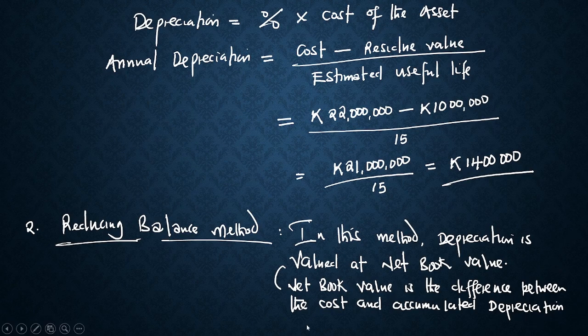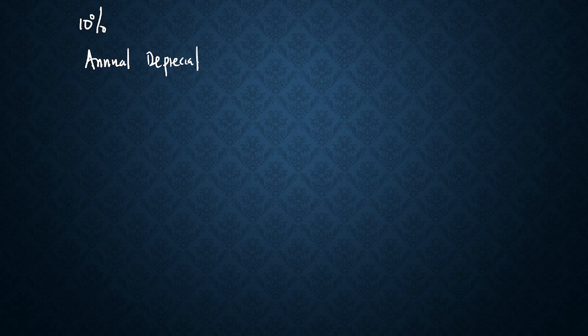Okay, so for example, let's give you an example. If we are told that the depreciation was 10%, okay, so we would have said that annual depreciation is 10% of cost minus accumulated depreciation.